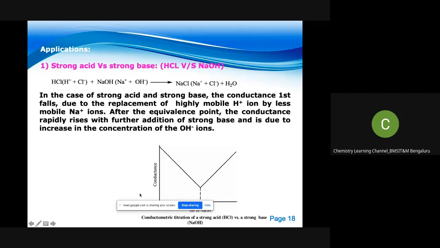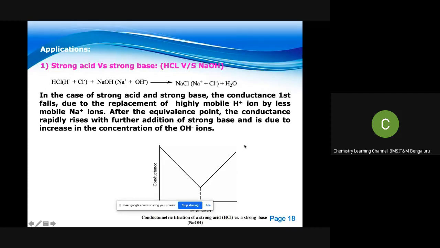So let me repeat. Why does it decrease first? Because the decrease in the H+ ions takes place during the course of the reaction. As the number of H+ ions decreases, the conductivity value will also decrease. And after a certain point, we are still adding NaOH, meaning we are introducing OH- ions into the solution.